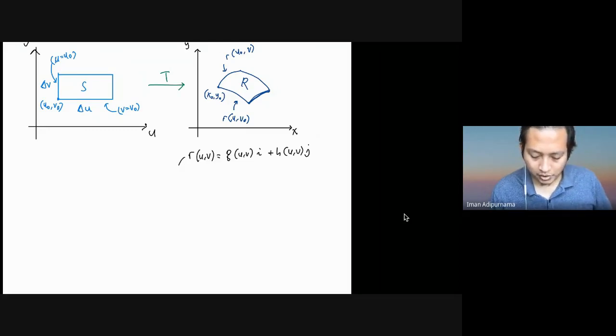Then if we remember, we can partially differentiate this, to become ru.